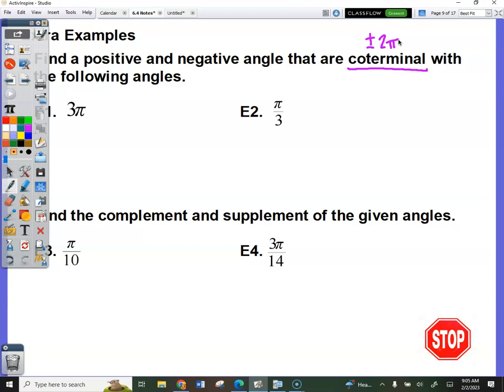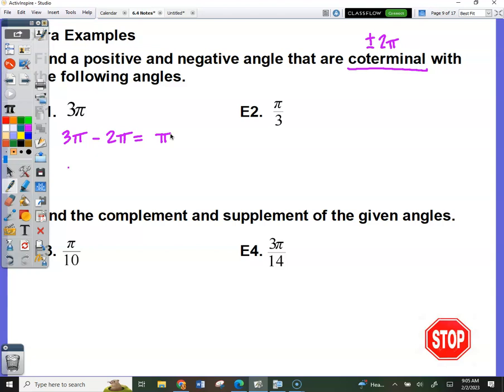So multiple answers here. If you noticed that 3 pi is already past a full rotation, then you could actually subtract 2 pi and get your positive, which is unusual. Usually we have to add to get our positive.